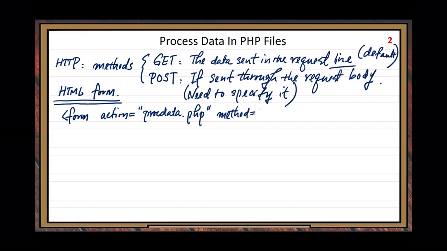In the method attribute, you can put get or post. If you put the get method, then the data will be sent through the request line. If you put the post method, you have the option of capital or lowercase, which are the same, but most people right now use capital. Then close the form tag.